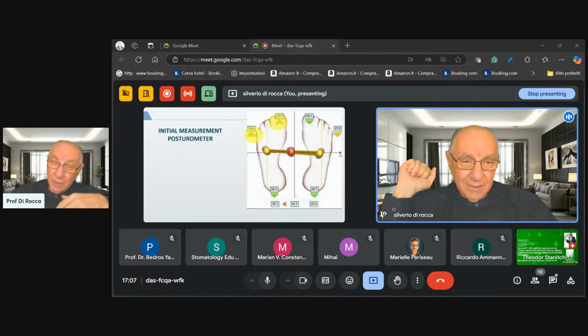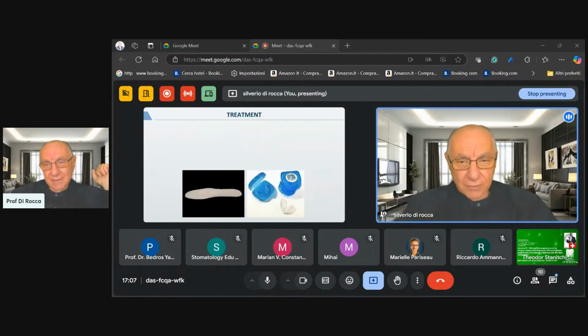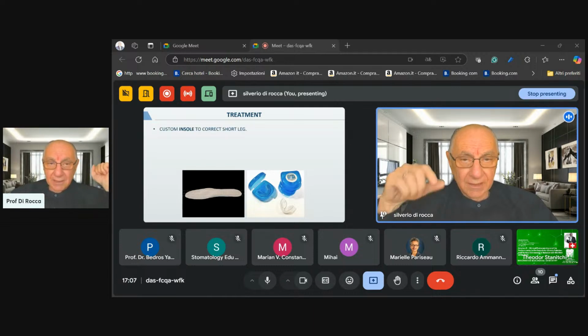We are overload with the B.E.D device and a very short insole to correct the short leg.